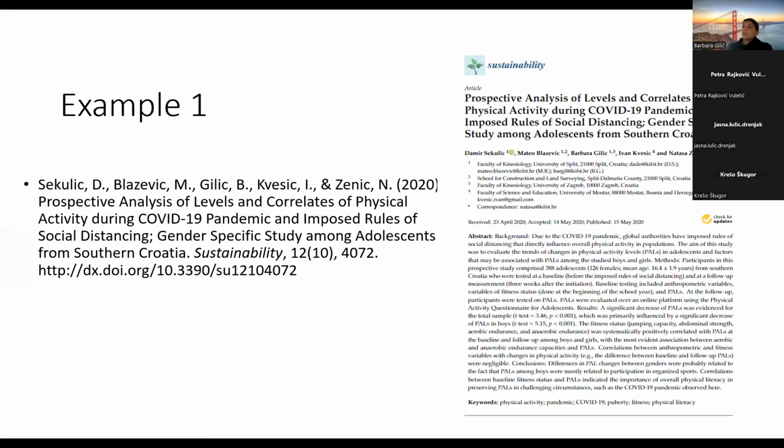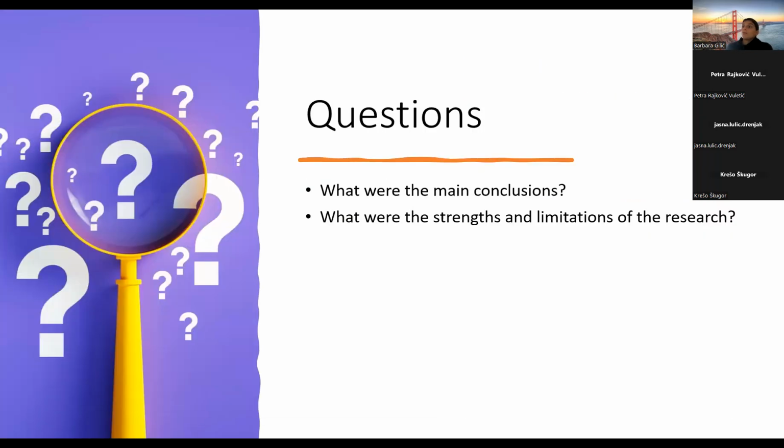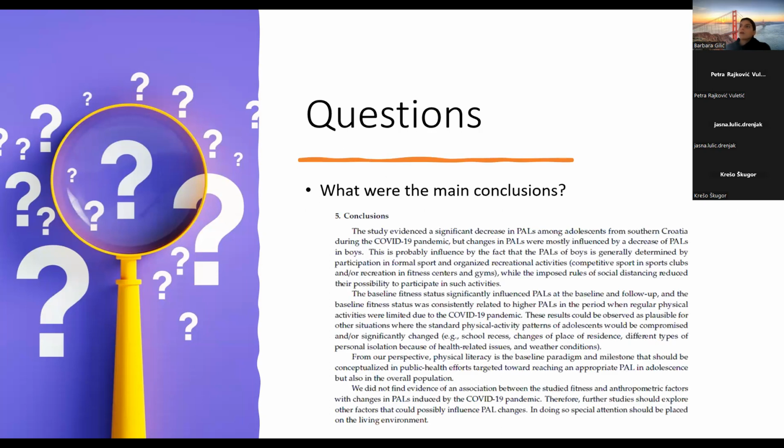So in this first example, what were the main conclusions from our study, and what were the strengths and limitations of our research? Firstly, the main conclusion is that this study evidenced a significant decrease in physical activity levels among adolescents, and those changes are mostly influenced by a decrease in physical activity levels in boys.